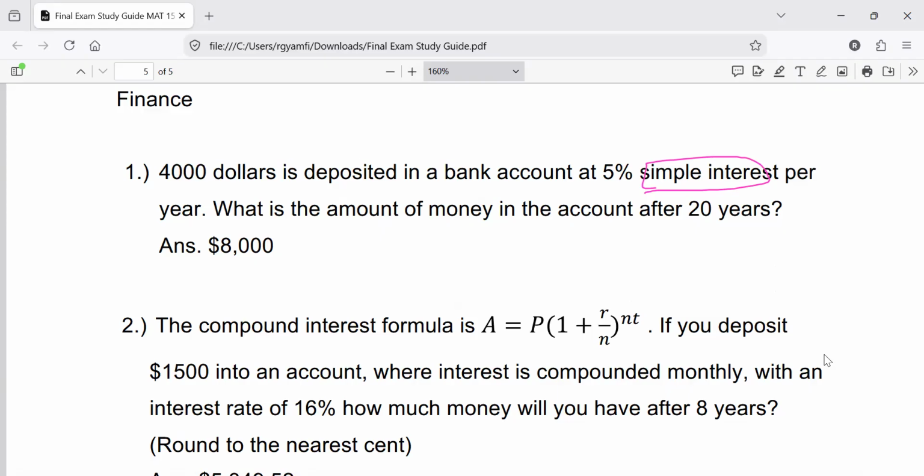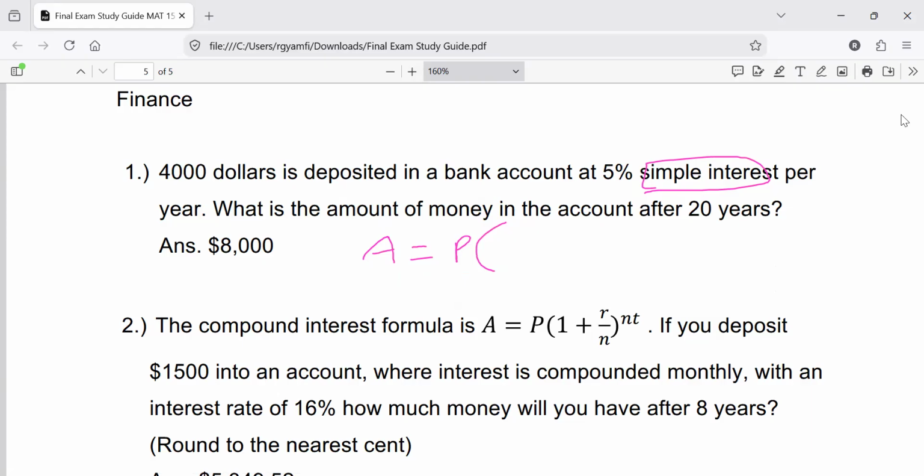First of all, you've got to know the formula. Simple interest formula for finding the amount of money after a number of years. And that is A equals P times... Now, remember, this is simple interest, so you don't have to use the formula in number 2.